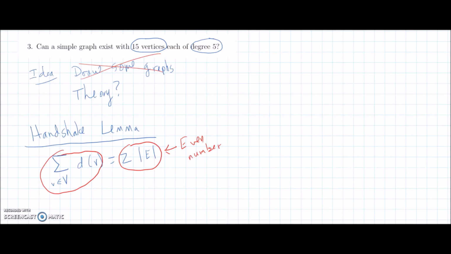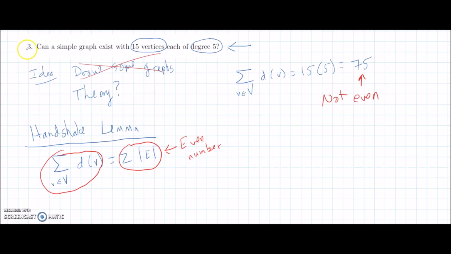Okay? So if we assume that it is possible to have a graph with 15 vertices, each of degree 5, then applying the handshake lemma, adding up all the degrees is going to give us 15 times 5, which is 75. But that's a problem, right? That is not an even number. The handshake lemma says that if you add up the degrees of each vertex, it has to be even.